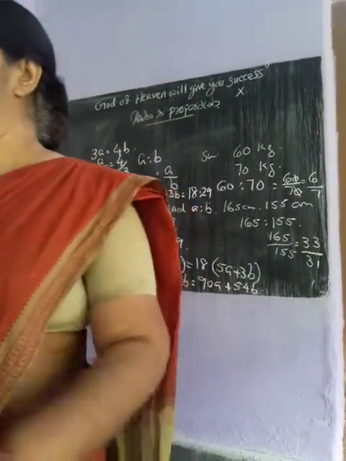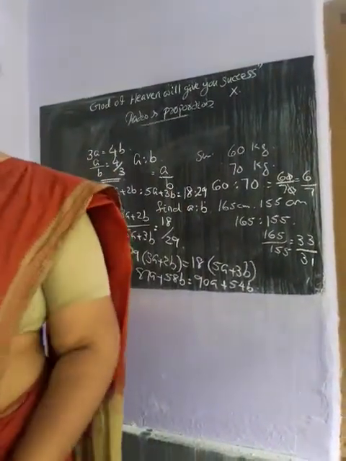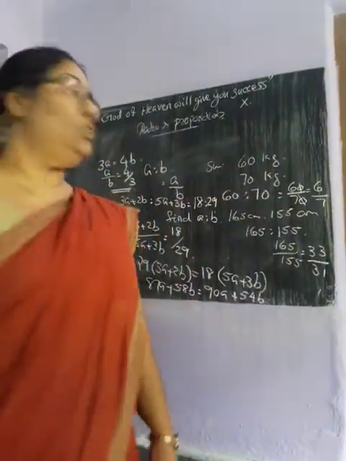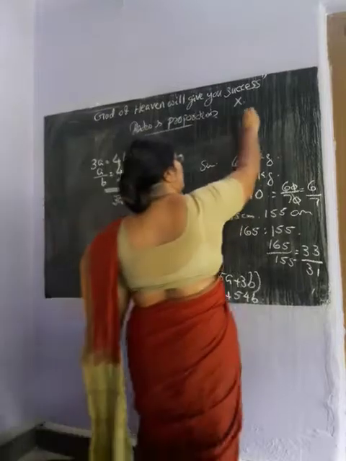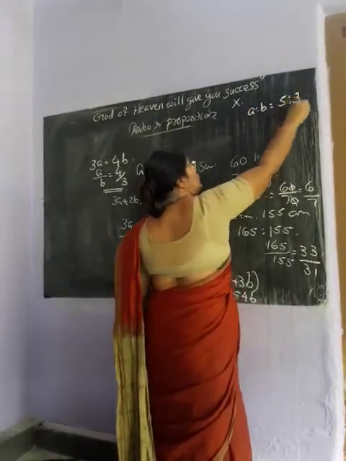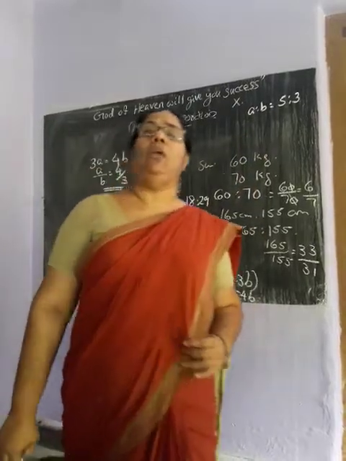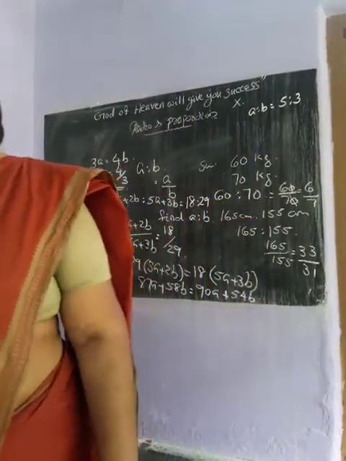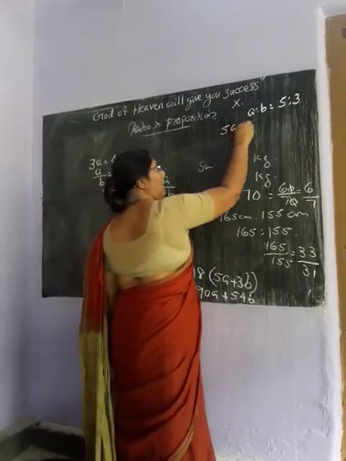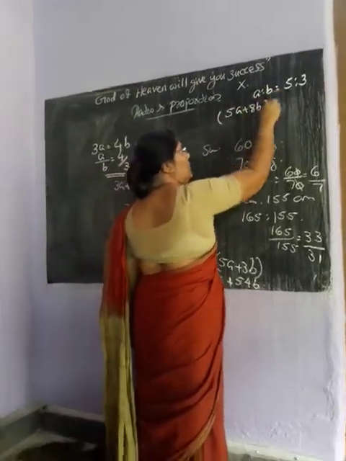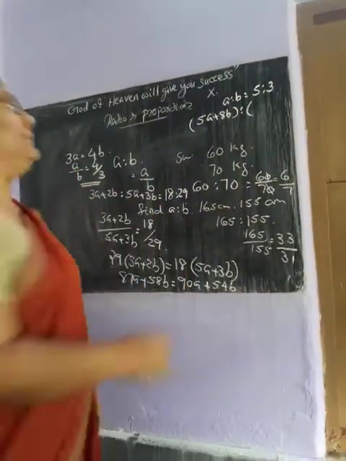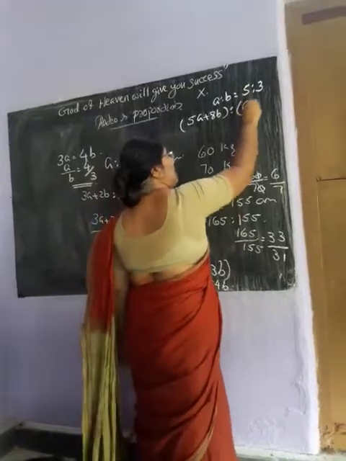4 is to 3. Now, second problem. If a is to b is equal to 5 is to 3, find 5a plus 8b is to 6a minus 7b.